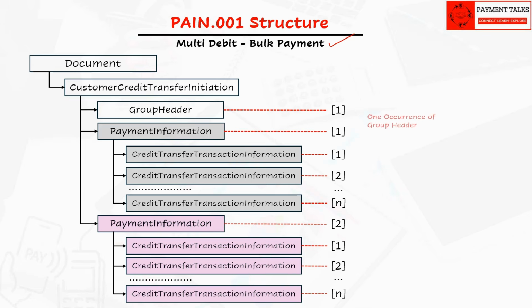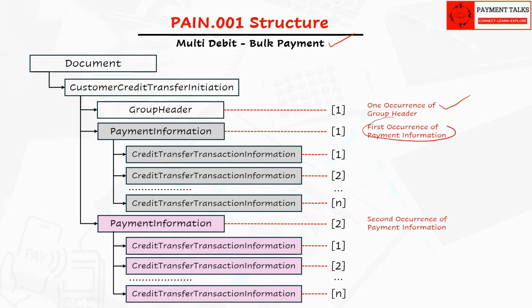Here is the structure of PAIN.001 in such a scenario. Group header is always only one. Since it is a bulk payment with multi-debit, the payment information section will be repeated as many times as the number of different debit accounts needed. Each occurrence of this section contains one debtor and debit account details with execution date. In multi-debit bulk payment, we have multiple beneficiaries, that is, multiple creditors.